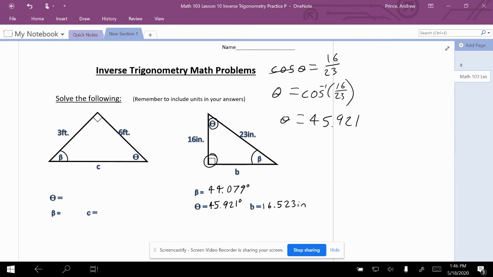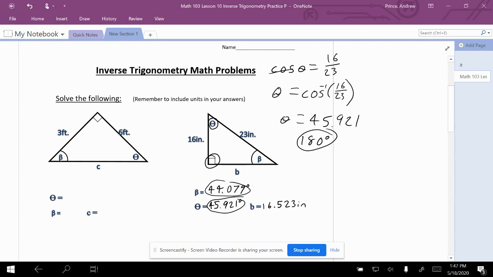So all of those should add up to 180. So 90 degrees plus 44.079 plus 45.921 gives us exactly 180 degrees. So again, we added this and this to this, and that gave us our total of 180, so our work checked out.